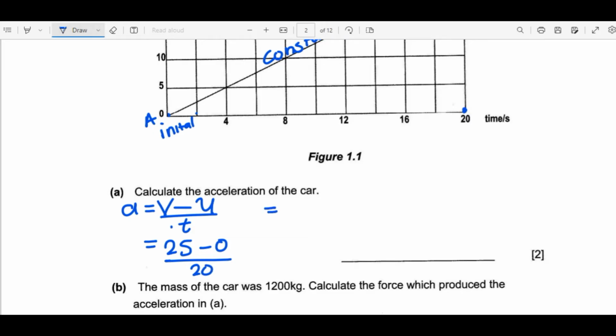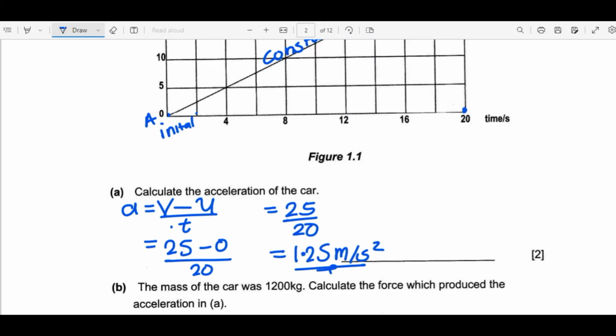So 25 minus 0 is 25 divided by 20. So I'm getting 1.25 meters per second squared. So this is our final answer for a graph like this one.